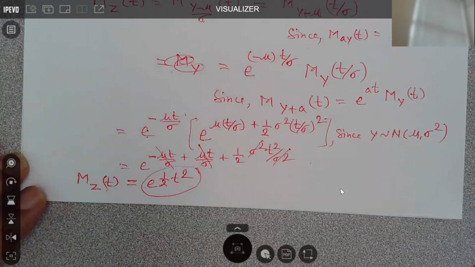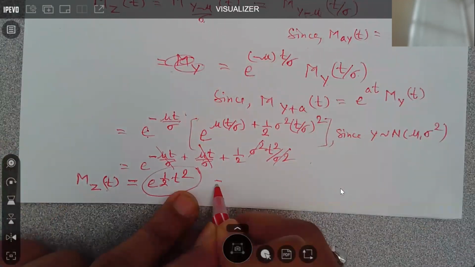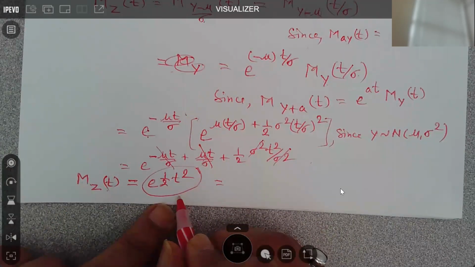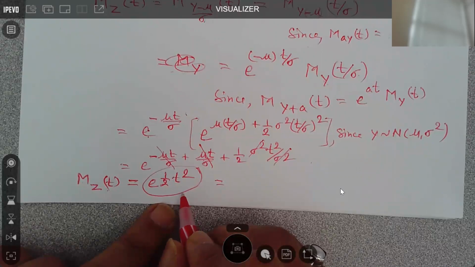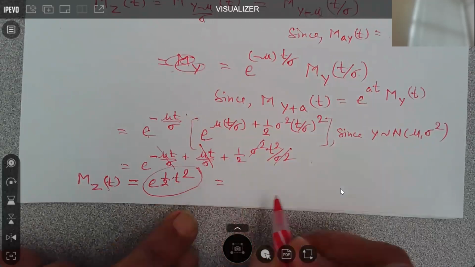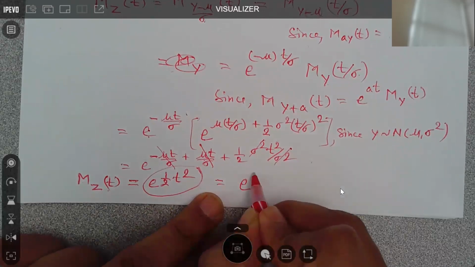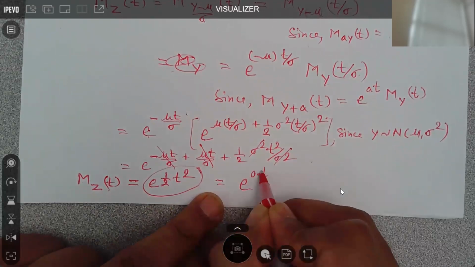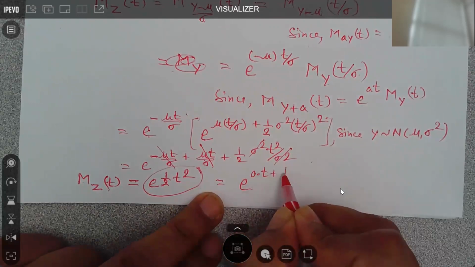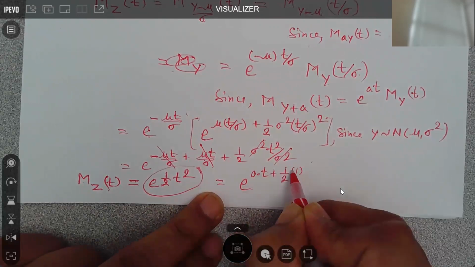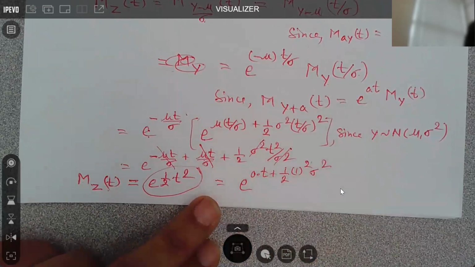Now if we look closely, this is the same as a normal distribution with mean 0 and variance 1. How can we write that in the form of a normal? e to the 0t plus 1 over 2 times 1 square sigma square.